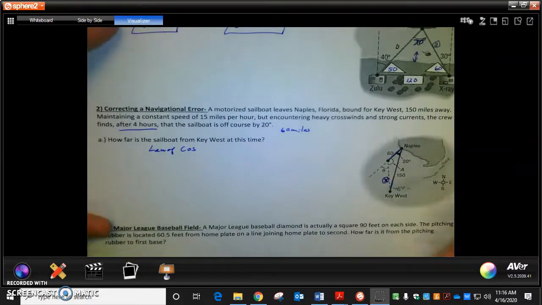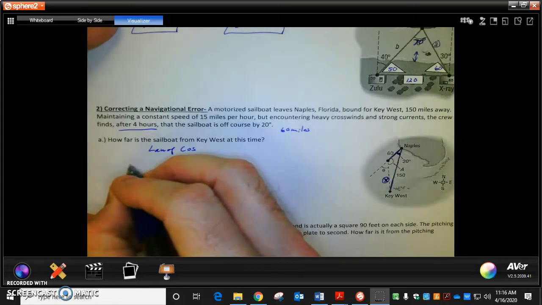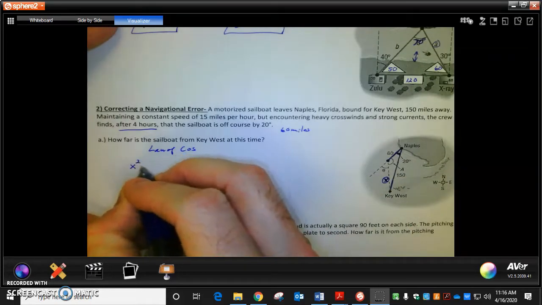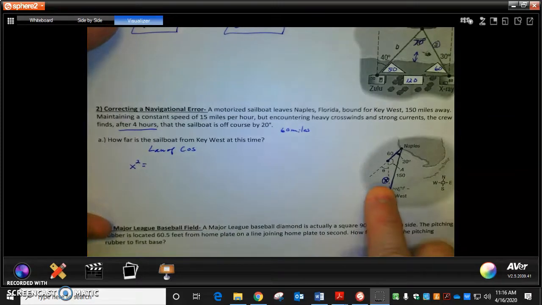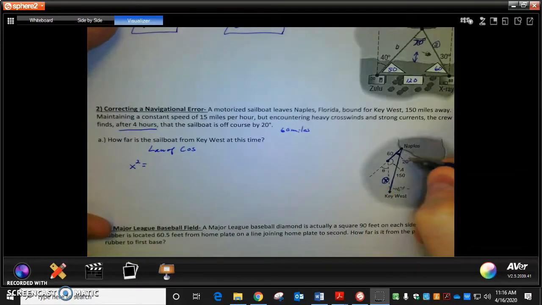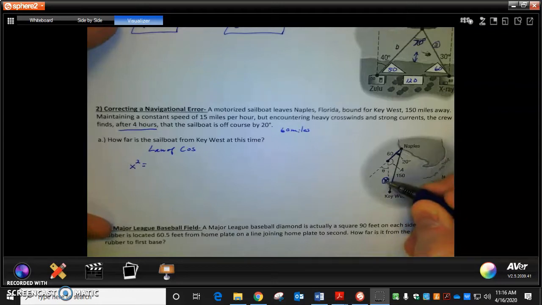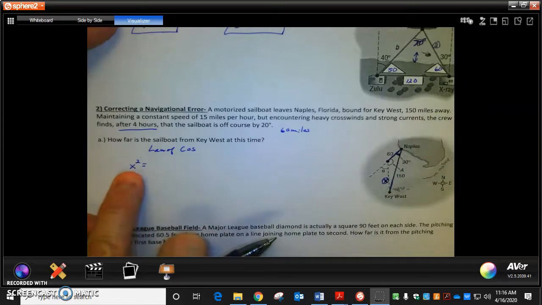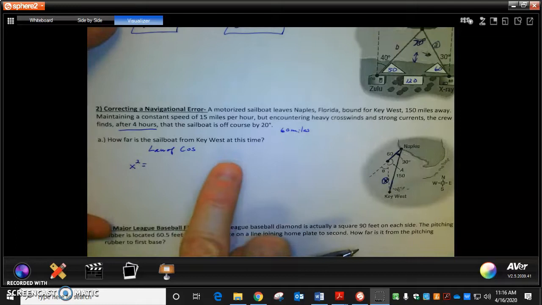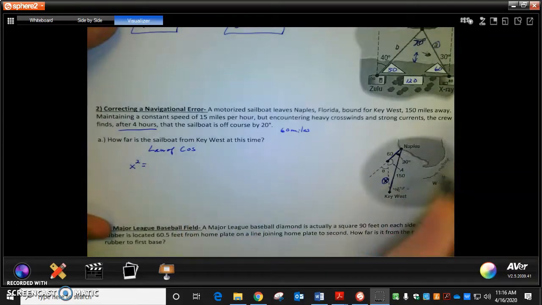Now, it's one of the law of cosines problems where we're trying to find a side. So we're trying to find this x squared, and you could call that A, which would mean the angle across from it would be big A, or you could call that little c. But the variable doesn't matter. Just know that that variable and that angle are what we're going to start with, and then we're also going to finish the formula with that 20 right there.